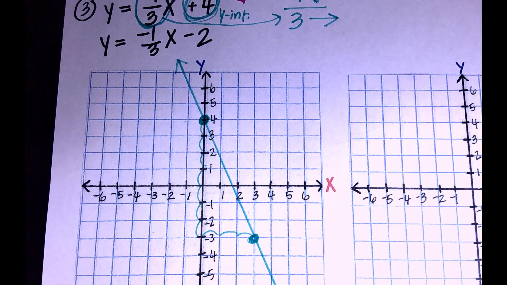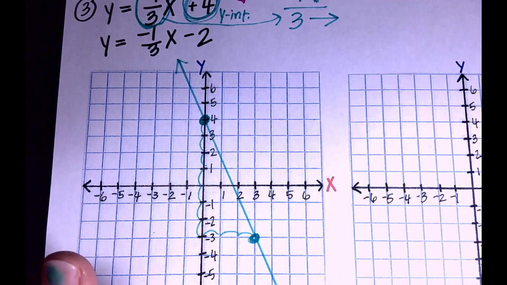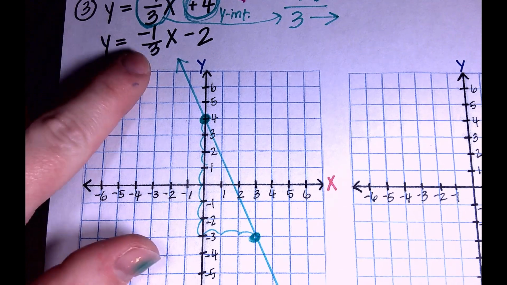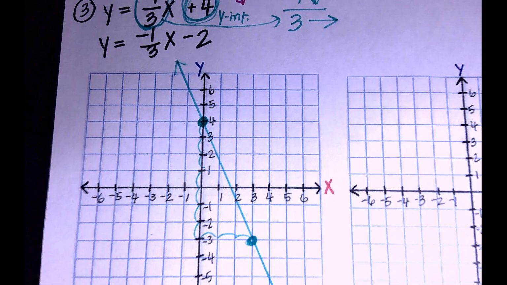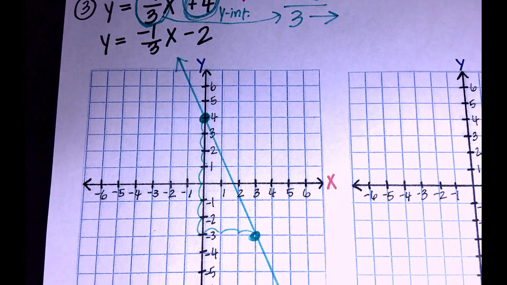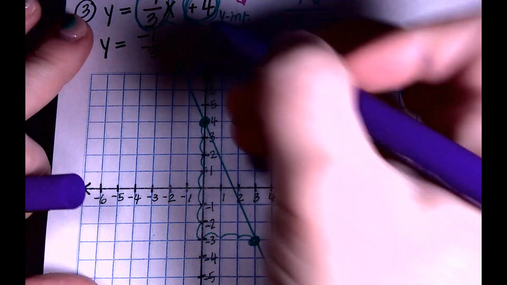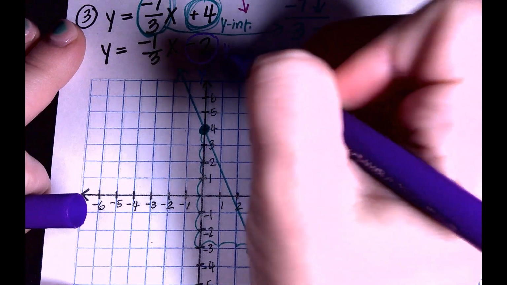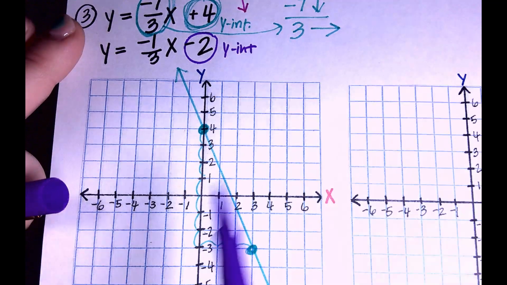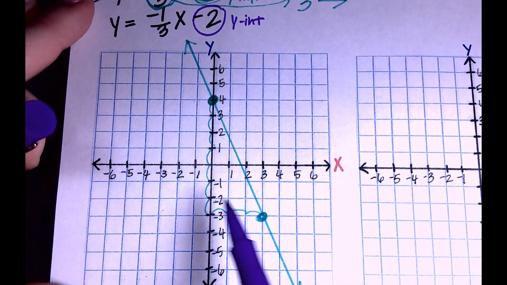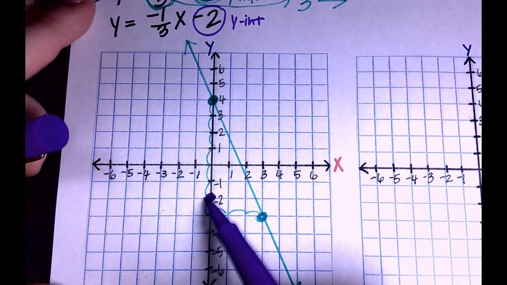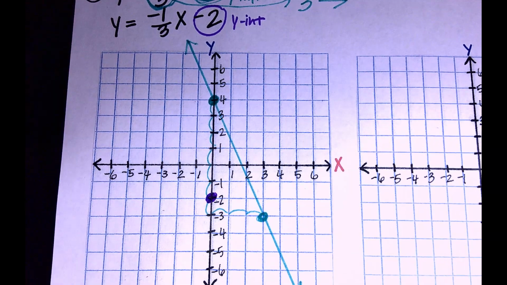So now the second line. What is my starting point for this one? -2. That's my y-intercept. So I'm going to start at -2 on the y-axis. And where do I go from there?